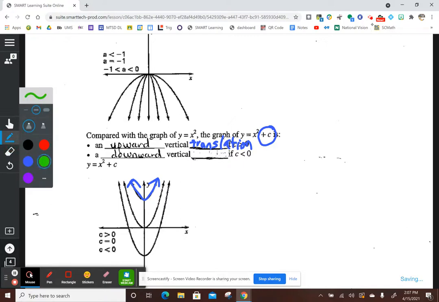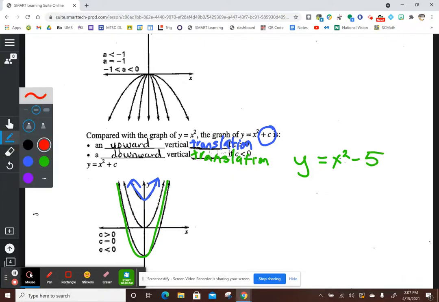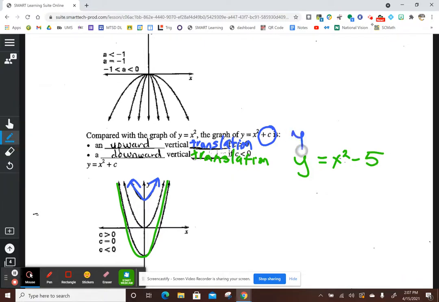And when c is a negative number, when you're subtracting, you have a downward translation. So something like y equals x squared minus 5 would look like that. And y equals x squared plus 5 would look like the blue one. Okay, so that's the end of this video.